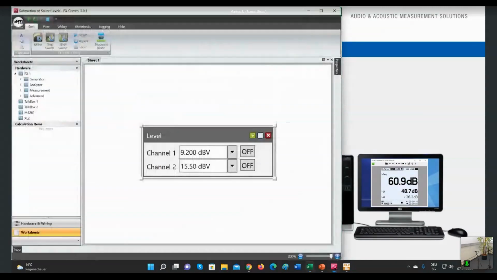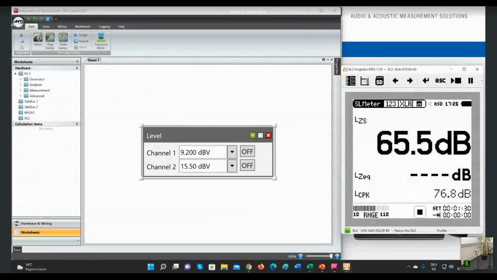So let me switch over to the FX control once again, because I need that talk box for my test. And here on the left-hand side, you see again the XL2 measurement result. First, microphone position number 1. 78 dB as before, and now I'm gonna disconnect the first microphone, and I connect the second one to the XL2, and I rerun the test.